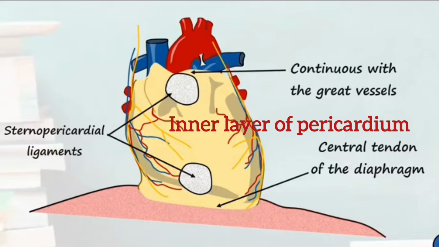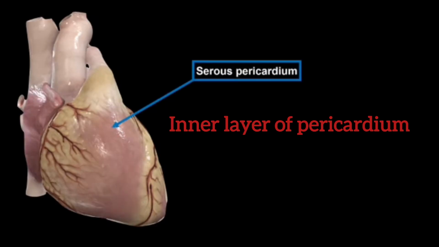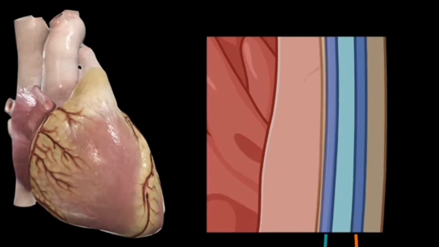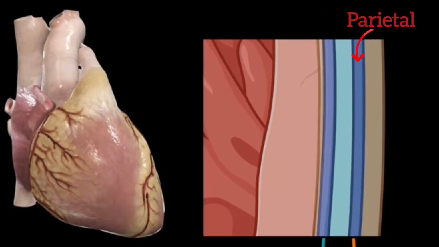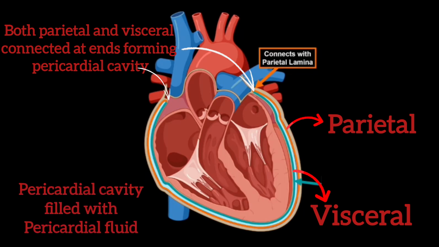The inner membrane of the pericardium is the serous pericardium. The serous pericardium has two layers, the parietal pericardium and the visceral pericardium. These two layers are continuous. Between the two layers of the serous pericardium, there is the pericardial cavity.